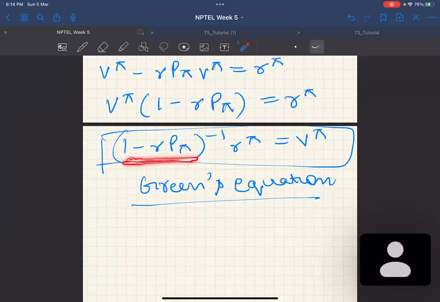How can we show that this is invertible? I can write I minus gamma P pi. I know that P pi is a stochastic matrix. Invertible means this is not a singular one, right?